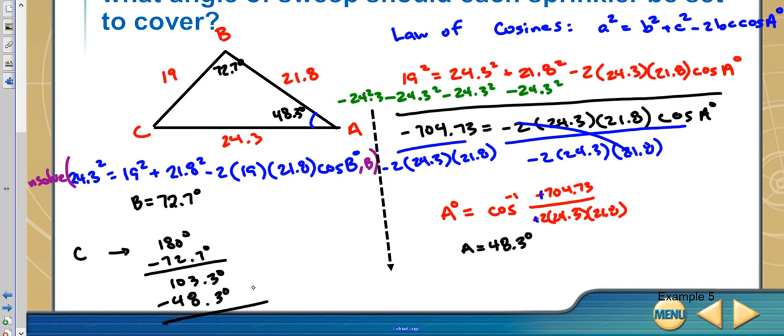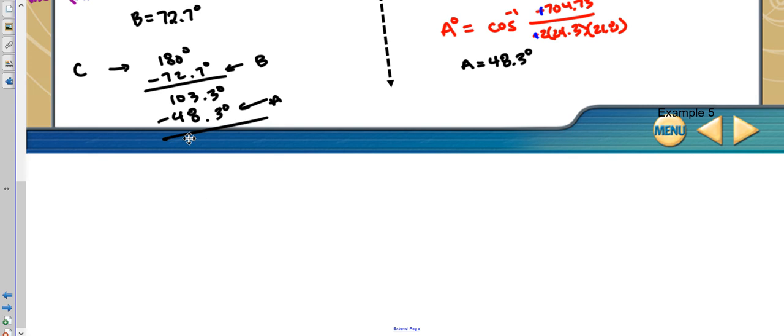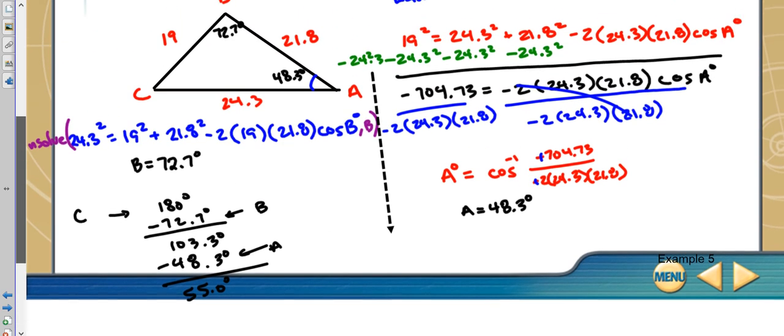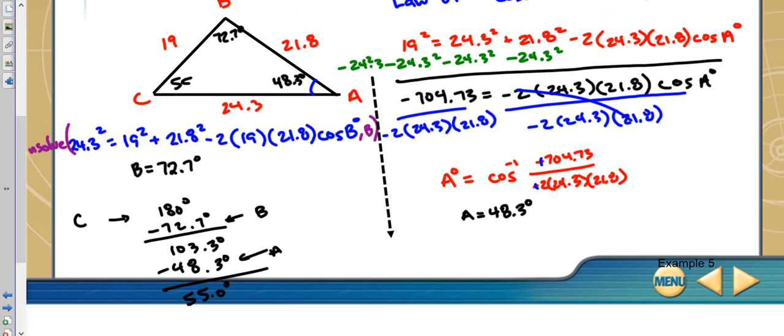This is subtracting angle A, and this is subtracting angle B. When I subtract that, I'm left with, it looks like this is going to be 55 degrees even. So angle C would be 55 degrees.